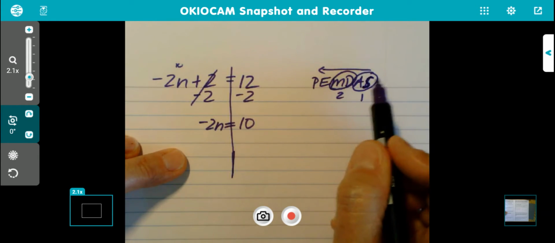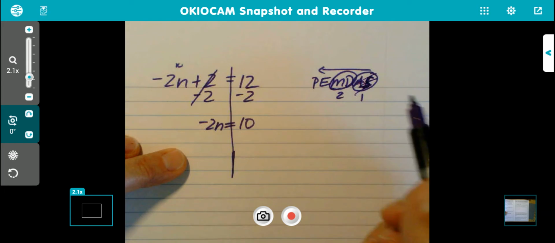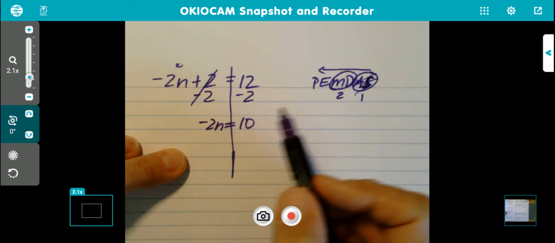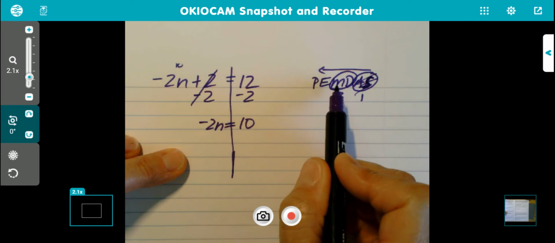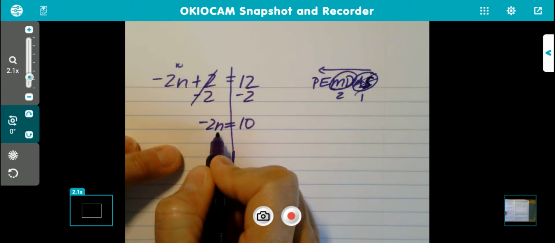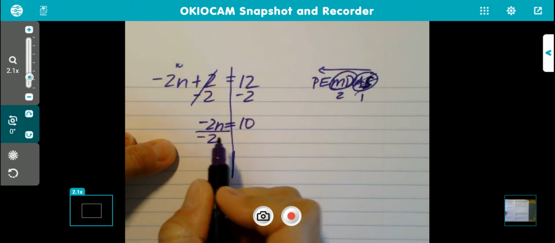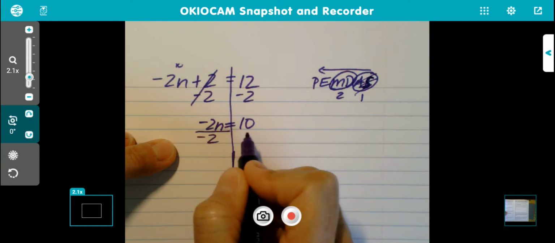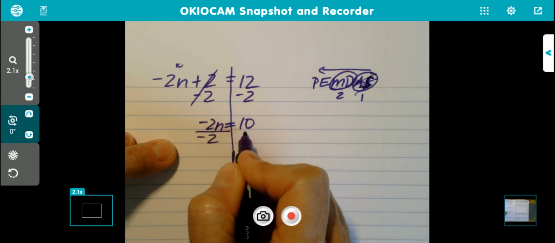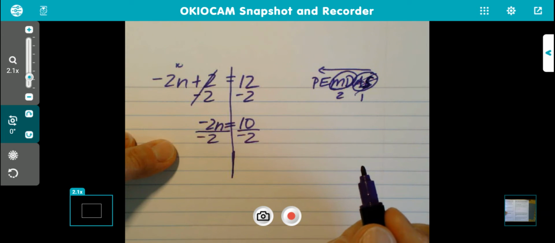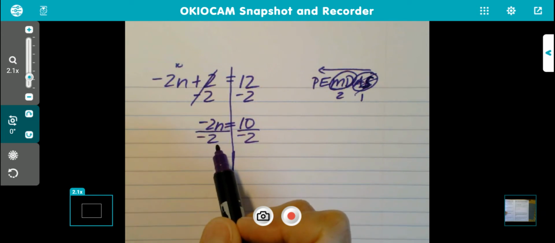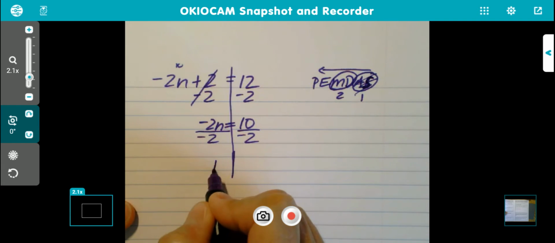Now I've undone my addition or subtraction, so that's gone. Now I'm ready to undo the multiplication. How do you undo multiplication? You use the related operation, which is division. I'm going to divide, and show the dividing with the fraction line. If I divide by -2 on one side, I have to also divide by -2 on the other side. So -2n divided by -2 is n.